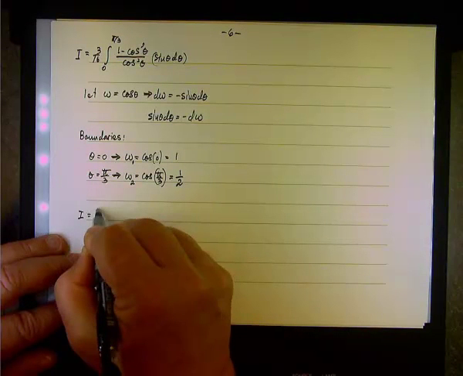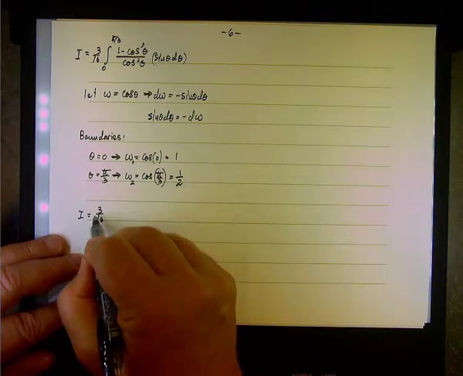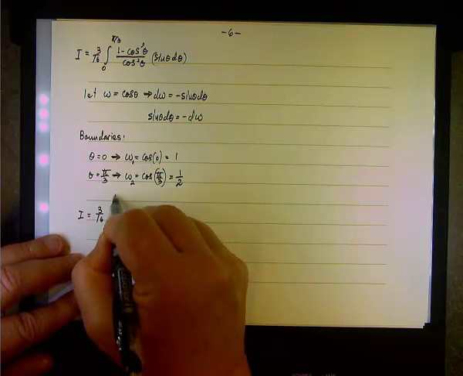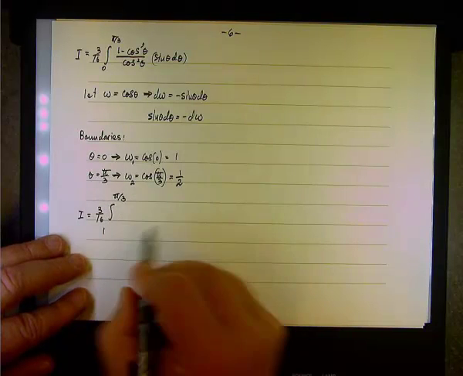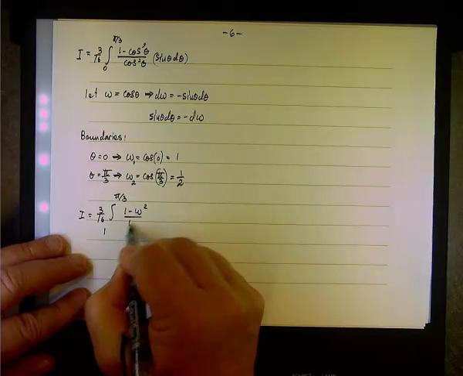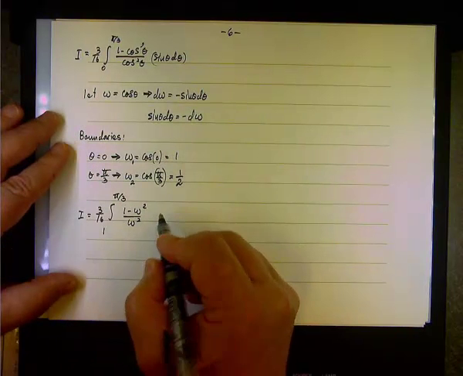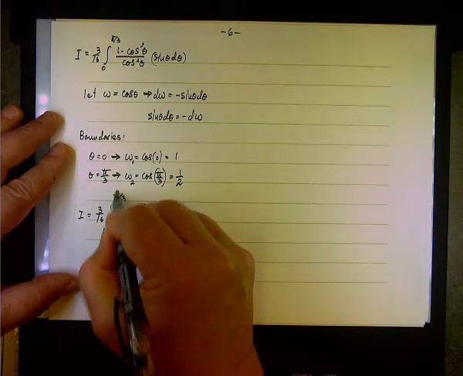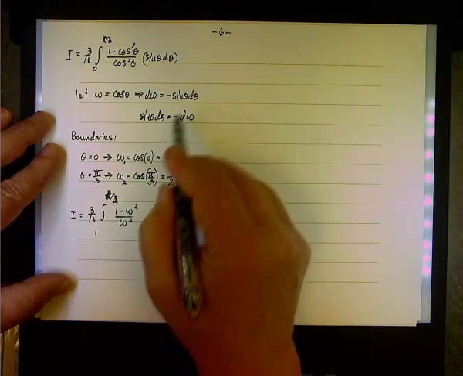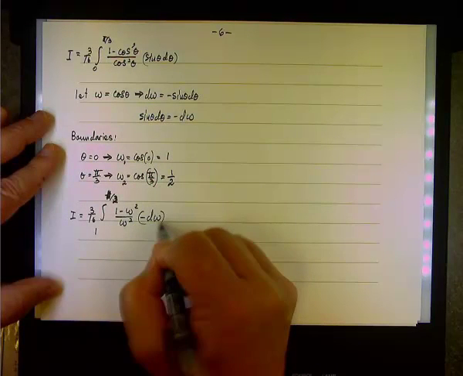So the integral will be 3 over 16. The integral from 1 to, I'm sorry, 1 to 1/2. I'm trying to rush. 1 minus w squared over w squared, and sine theta d theta is negative dw.